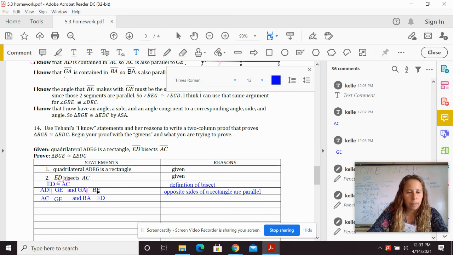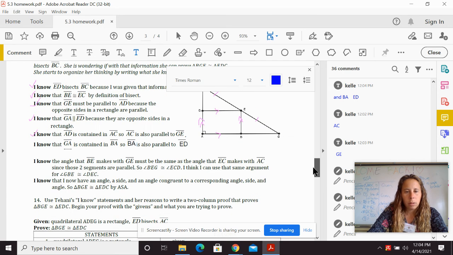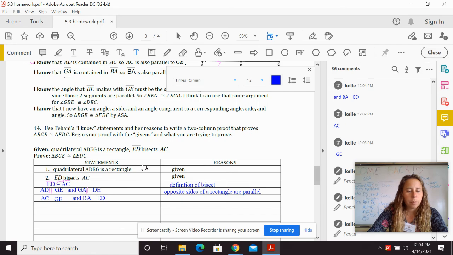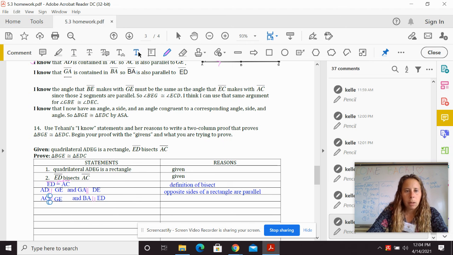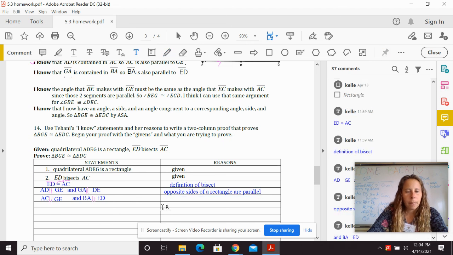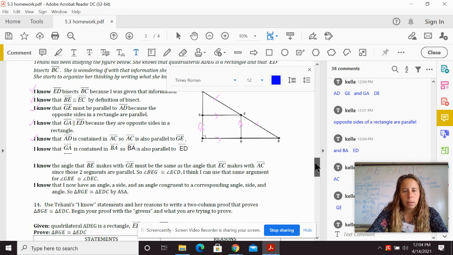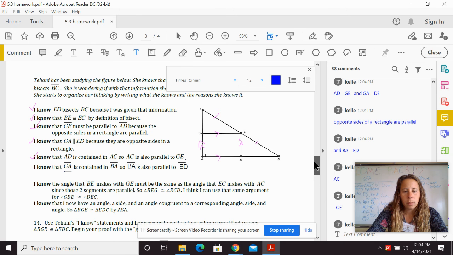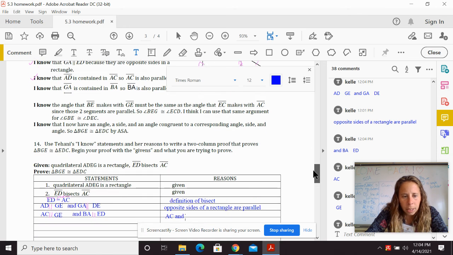This should not be a B. AC is parallel to GE.